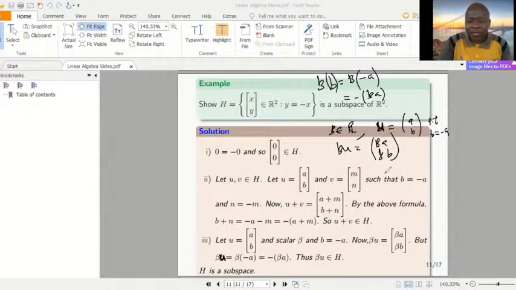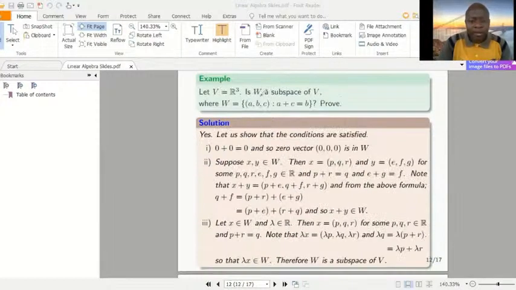That means, therefore, beta U is in H. That's what I did here. And so the first condition was fulfilled, the second was fulfilled, the third has been fulfilled. Therefore, it means that H is a subspace.